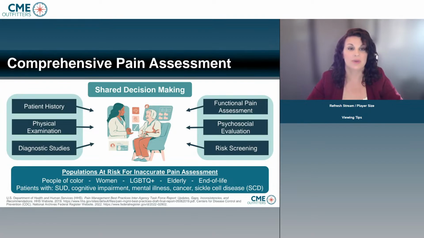And part of doing that is a very comprehensive pain assessment. All the things that go into this are included on the slide, like a history, physical exam, your diagnostics, risk screening, which is an important component that is addressed in not just our new guidelines, but the 2016 and the 2022 guidelines.